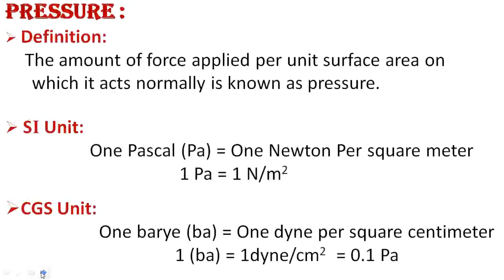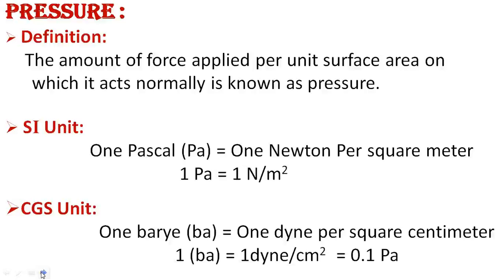What is pressure? The definition of pressure is the amount of force applied per unit surface area on which it acts normally. SI unit of pressure: 1 Pascal is equal to 1 Newton per square meter.